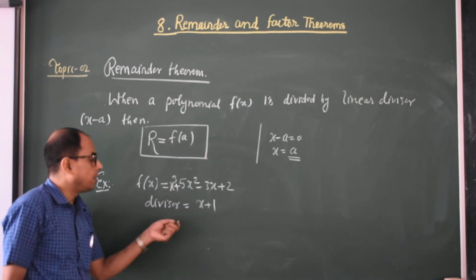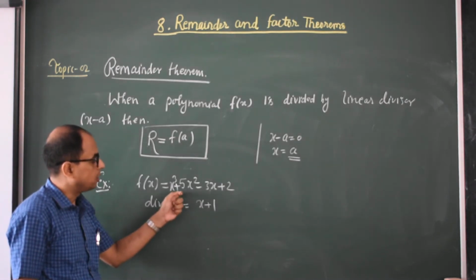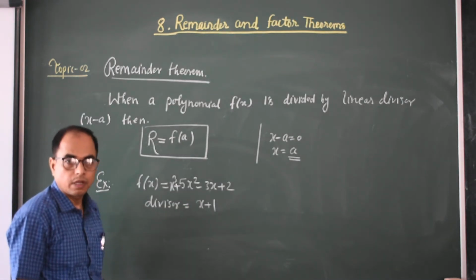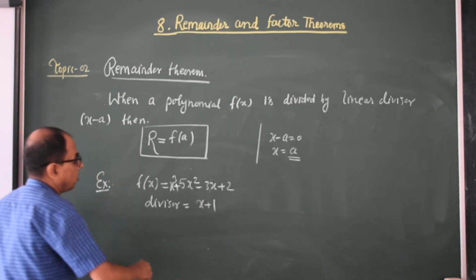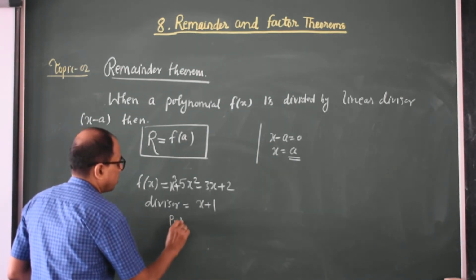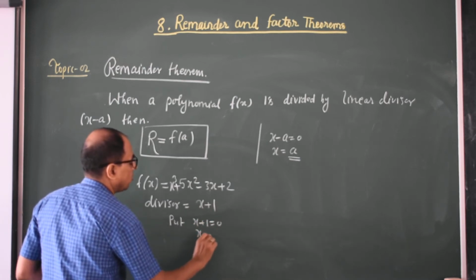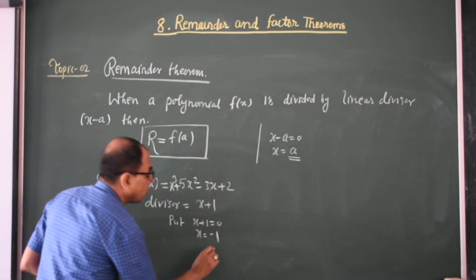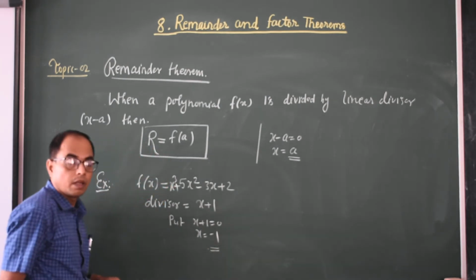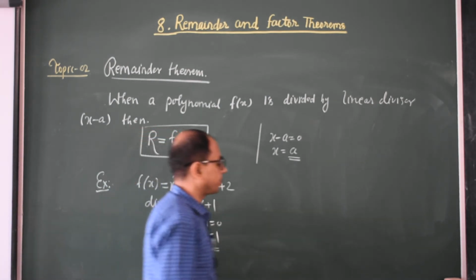What will be the remainder when this polynomial is divided by x plus 1? Put x plus 1 equal to 0. From here you get x equal to minus 1. So this value is called a.